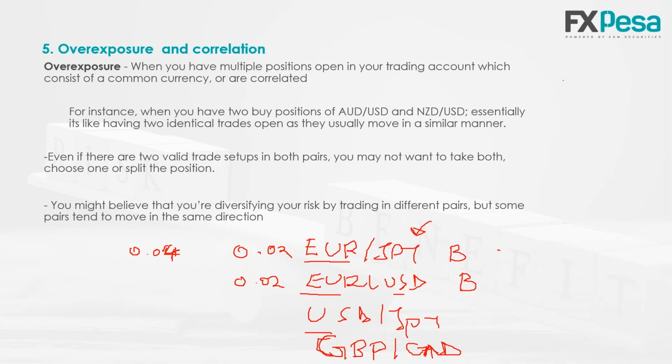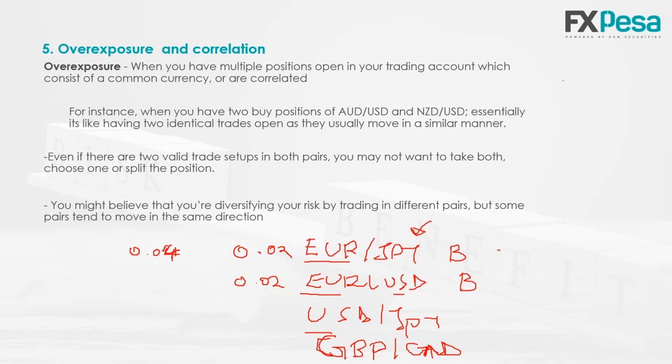You've bought euro twice. So whenever you find yourself opening positions on the same currency, either as a quote or as a base, then you're overexposing yourself, or maybe you're even placing opposite trades, which are canceling each other. So just be careful.